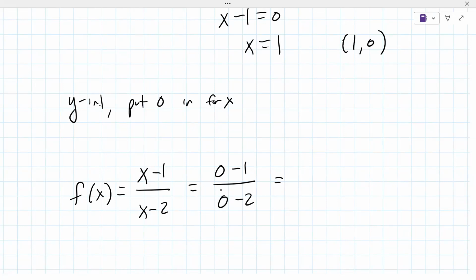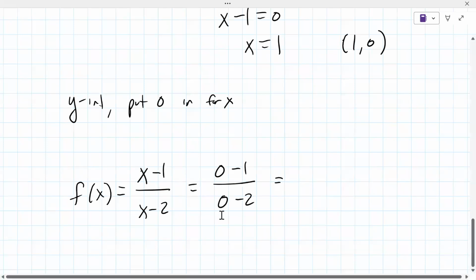Okay, there are more math operations, and the answer is one number. What does this line here in the middle mean? That's a fraction, or division. Fraction's fine, division's fine.